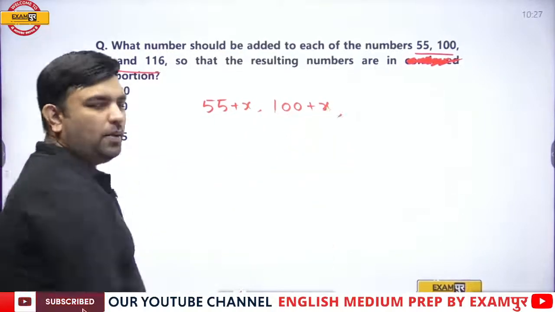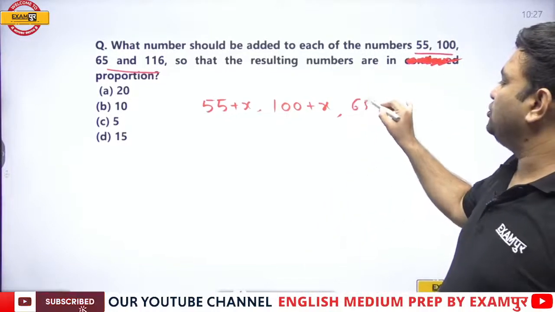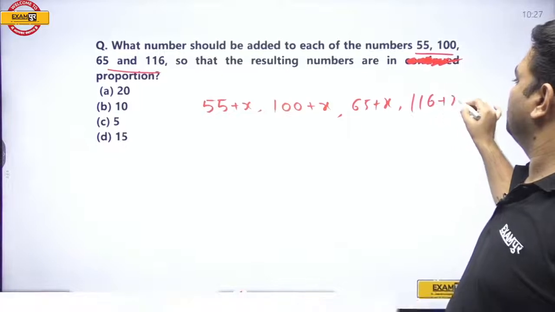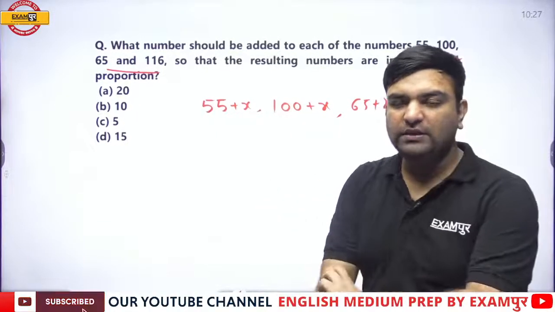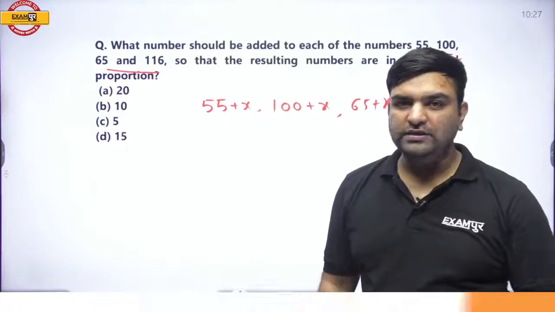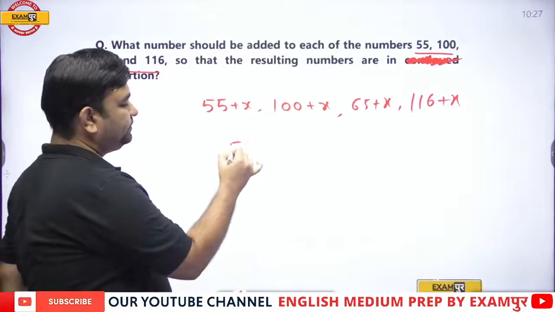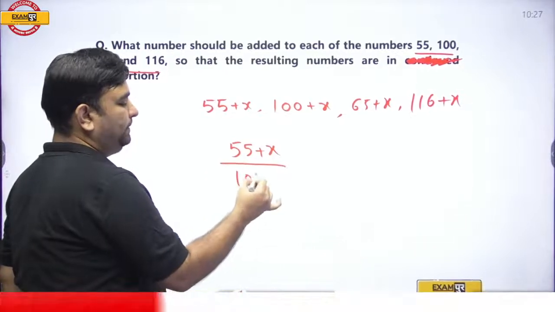So now they have come up in proportion. If they have come up in proportion, what is the condition they will follow? A upon B is equal to C upon D.